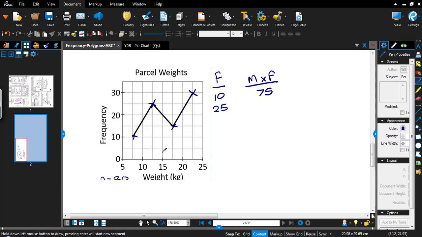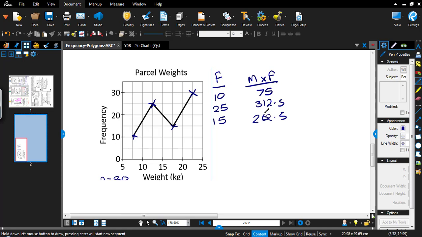So m times f is 12.5 times 25, which should give you 312.5. Here, the frequency is 15, and the mid class value is 17.5, because it's in between these two. 17.5 times 15 will give you 262.5.